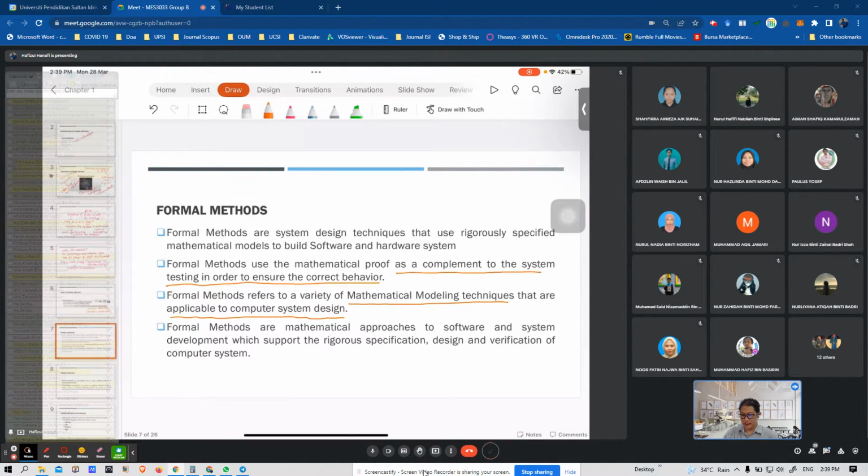ASM, not application. ASM model. The ASM model stands for automotive simulation model.